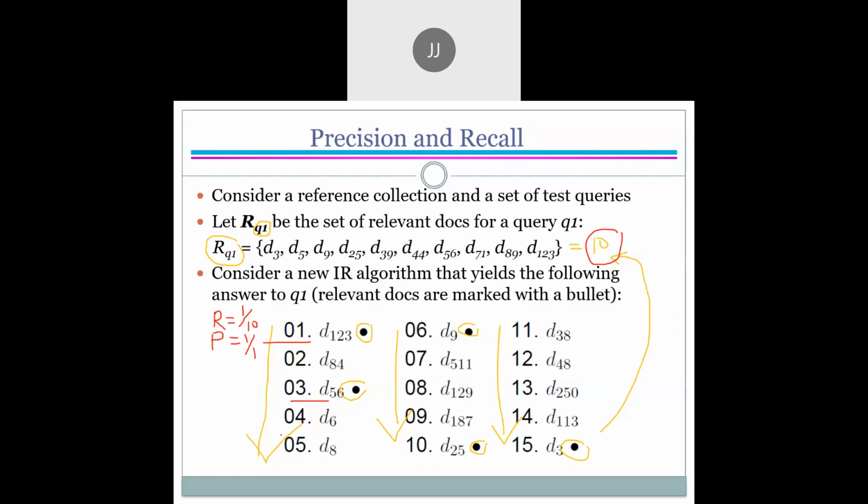At this position, the recall rate is 2 over 10, and the precision is 2 over 3, because we have 3 documents here, and 2 of them are relevant.